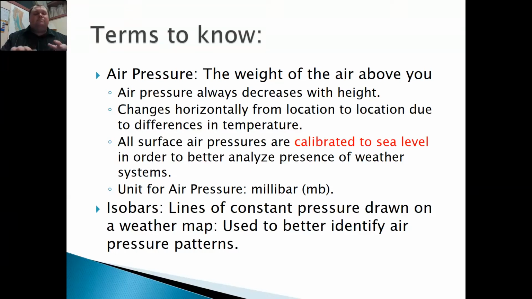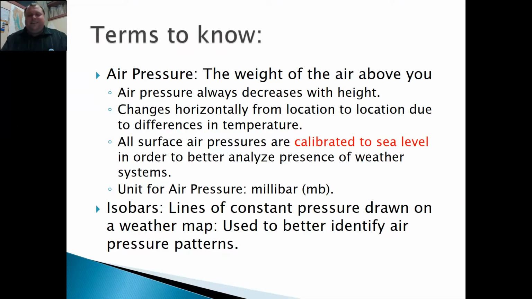All right? Now, with that said, we want to plot pressure on weather maps. And the reason why we want to do this is because without plotting it on weather maps, it's really hard to identify locations of high pressure and low pressure. Let me show you what I mean. Here's a weather map.